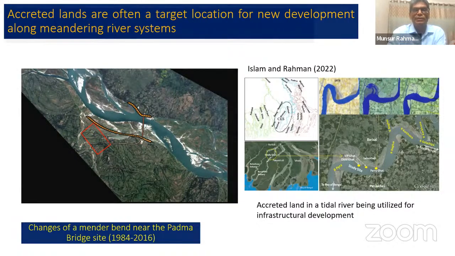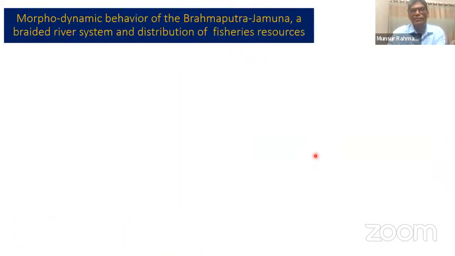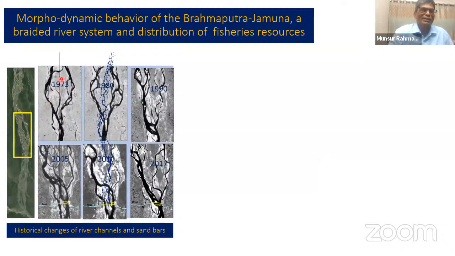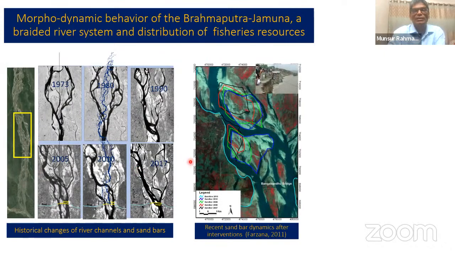But in terms of the braided river system, for example the Brahmaputra-Jamuna system, the system is changing very quickly, not in a regular fashion. For example, since 1973, in this certain reach, the sandbars and channels have changed quite quickly. To accommodate this is very challenging, and land loss along these rivers in this country is quite big.